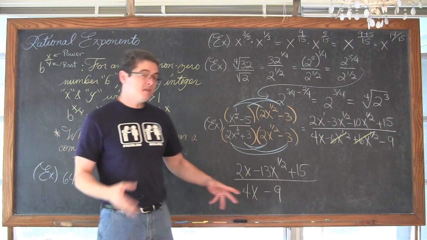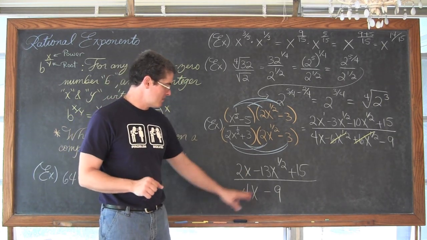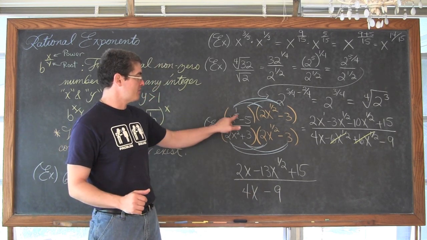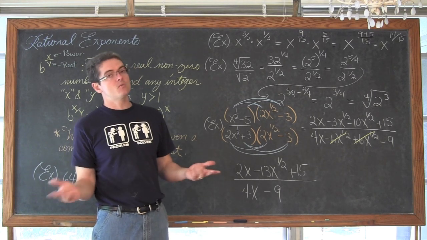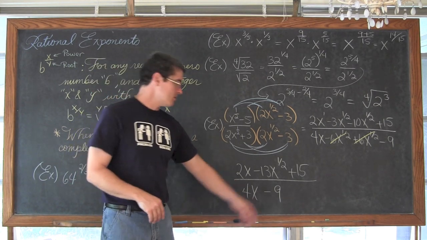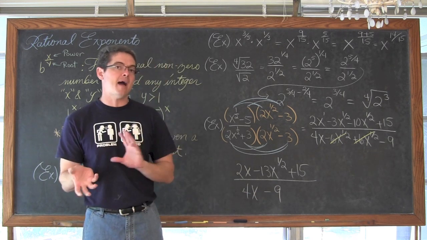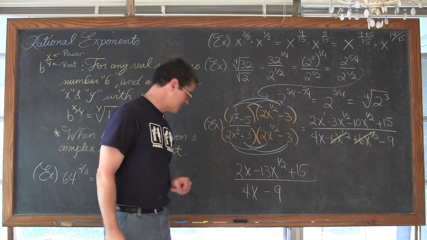Now, this is a difference of squares here. It's kind of hidden because the x has an exponent of 1, but remember it originally started off with an exponent of 1/2. And when you square root x, you get x to the 1/2. 4 is a perfect square, 9 is a perfect square, so this is a difference of perfect squares, that pattern that we got from multiplying a plus b times a minus b.